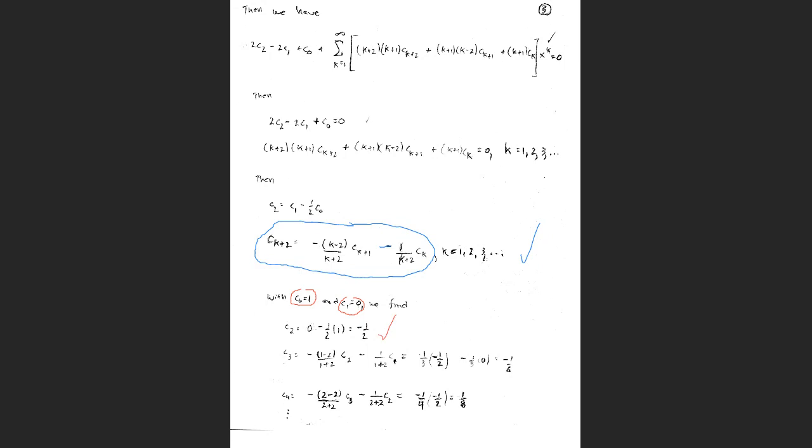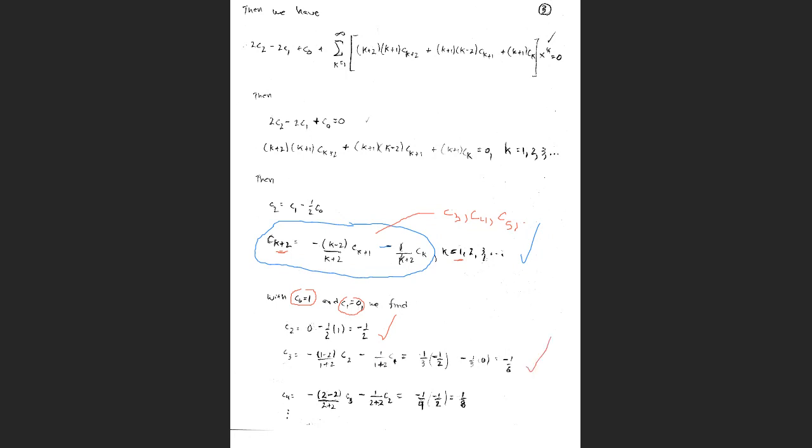And for this formula, what coefficients is it going to give us? Well, if k starts at 1, the formula will give us values for C3, C4, C5, and so forth.